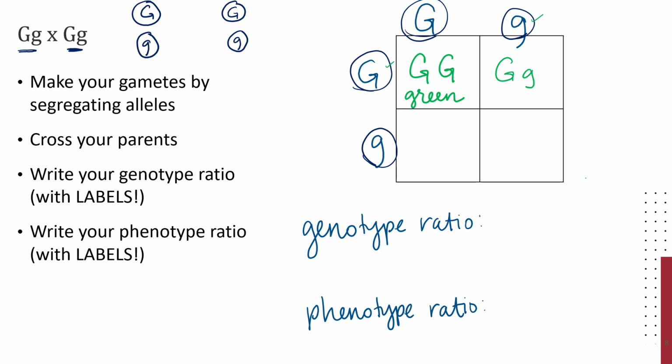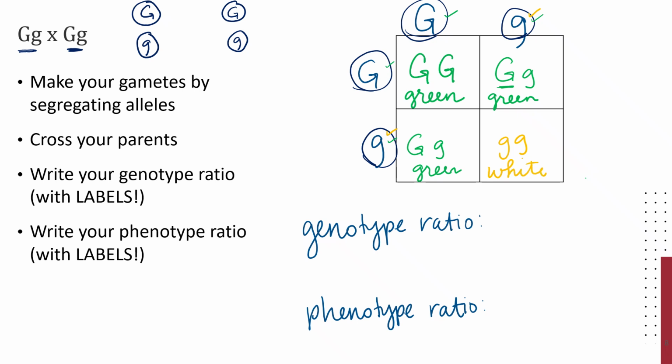And because this is complete dominance, we're going to see that big G allele shine through. So this is a green individual. And then if we do this big allele with this little allele, we get another green. And then lastly, if we combine the little g allele with the little g, we get an individual who is white.